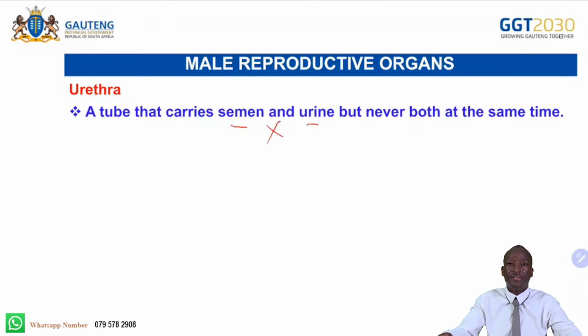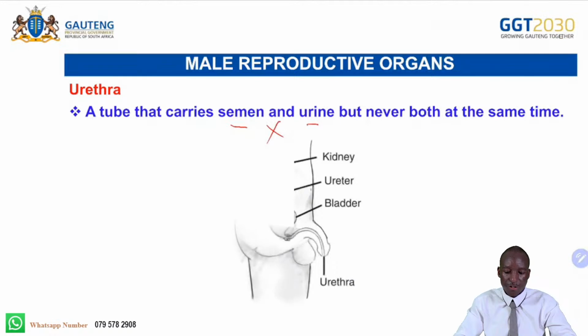It doesn't happen. Okay, so during sexual intercourse, that is when it's time for ejaculation, the semen is passed by the males through the urethra to the vagina. Then, of course, during excretion, that's when urine is passed out through the urethra. So that's the function of the urethra.